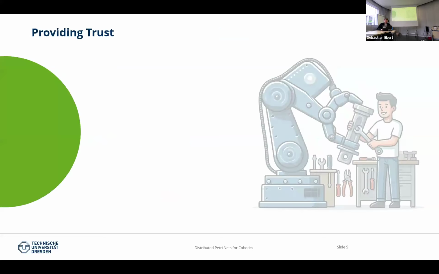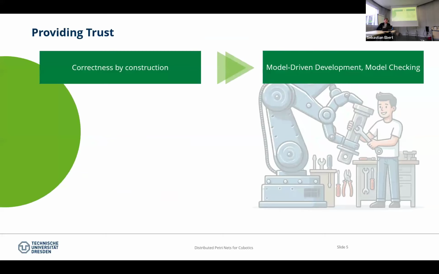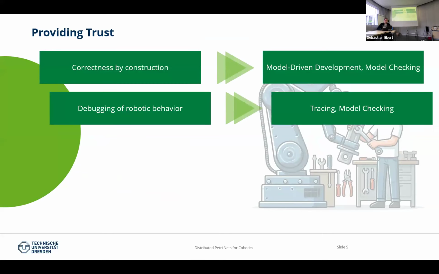In our work here at the chair, we are basically looking at 4 different aspects to provide trust. The first one is correctness by construction, where we mostly work with model-driven development and model checking. Second, the debugging of robotic applications, where we use tracing and model checking to gain more insights on what an application is actually currently doing in the world and at development time.